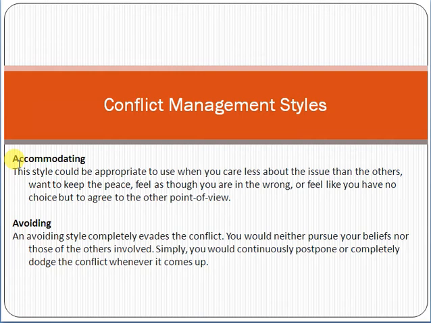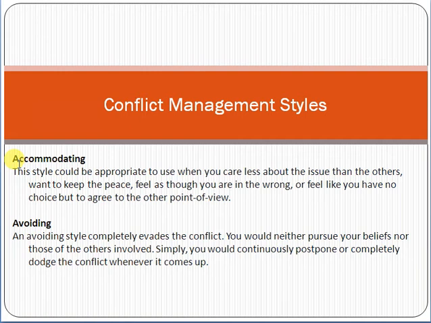That means you are leaving your point of view, you are withdrawing your point of view. Maybe you think that you are wrong, and the other party is right. So that is why you are accepting the other party's point of view. That is called accommodating.